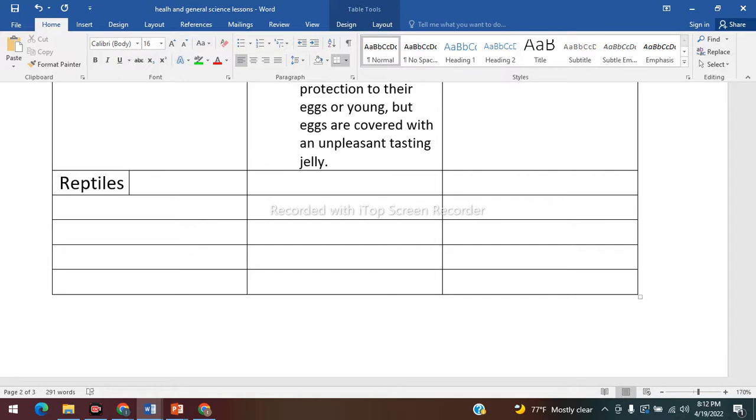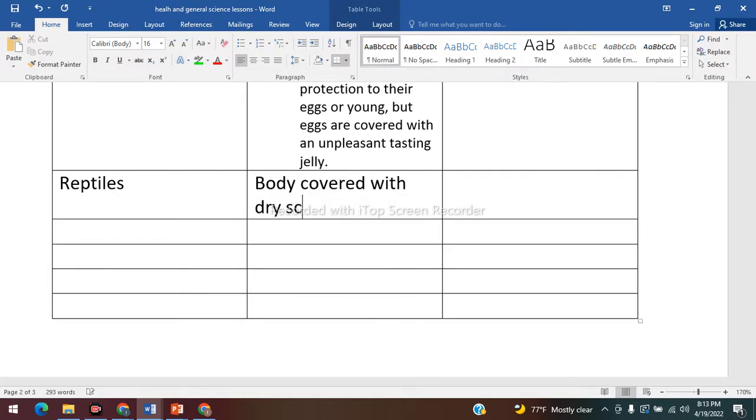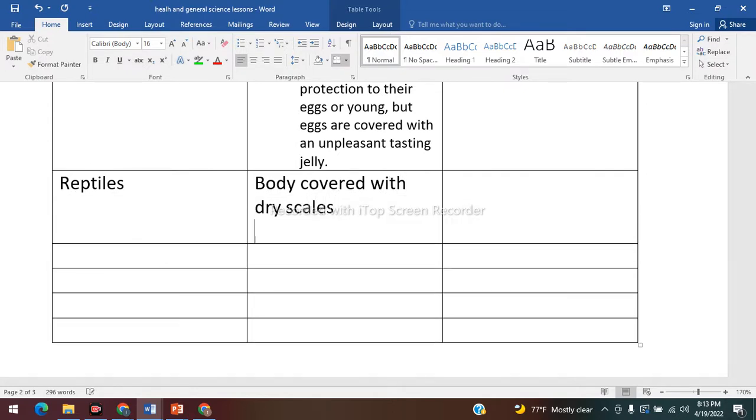All right, so reptiles. With reptiles, what do we know? Their bodies are hard and rough. Cold-blooded. Their body is covered with what? Dry scales, right? They breathe with what? Lungs.